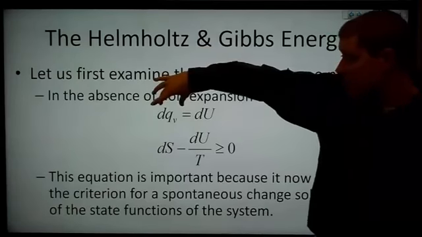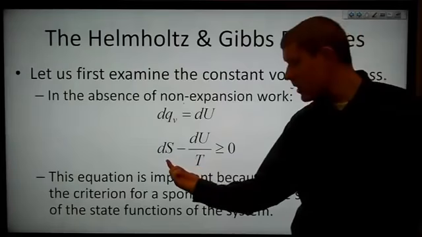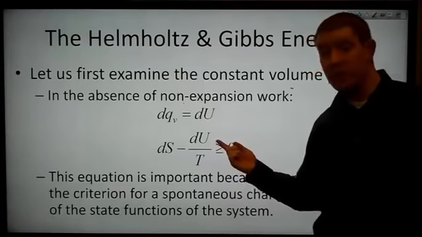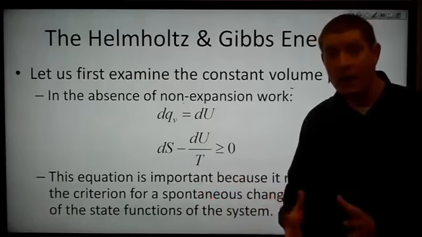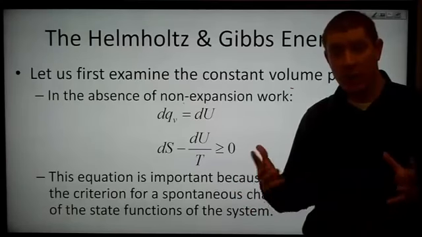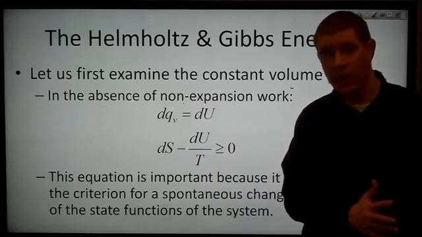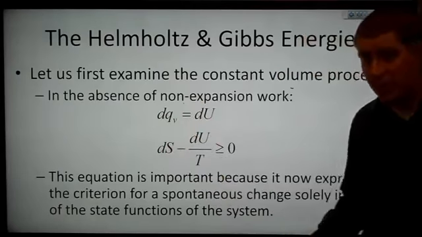So now it no longer depends on Q, the heat exchange. It only depends on the state functions, the entropy, the internal energy, and the temperature T. So now it doesn't matter what our path is anymore, because remember, a state function doesn't depend on the path that we take from one point to another, whereas the heat does. That is a path-dependent function.